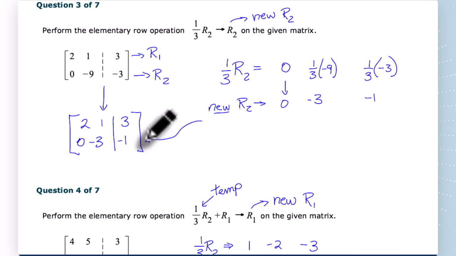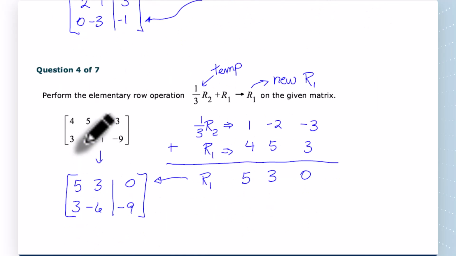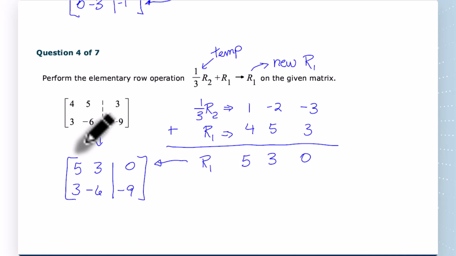All right, what if I take, in question 4, 1/3 multiplied by row 2. I'm going to add that to row 1, and I'm going to make a new row 1. The little arrow tells you what the new row is going to be. This multiplication is only temporary.